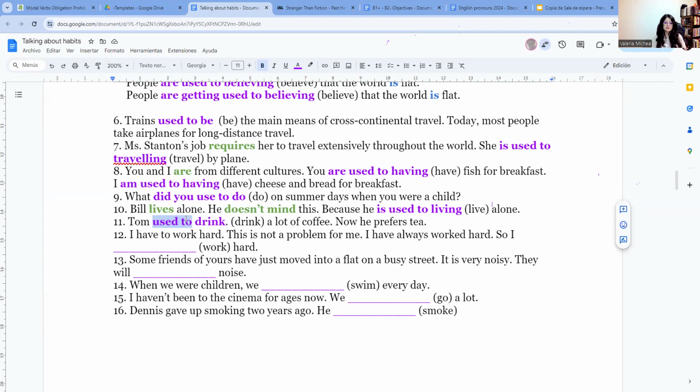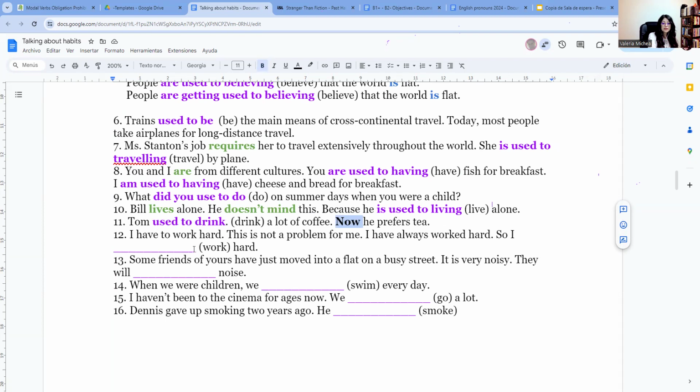It requires base form. So Tom used to drink a lot of coffee, but now in the present, he prefers tea. So we are making a contrast between the past and the present. Whenever you have words like today, nowadays, currently, now, right now, etc., it's because you are making a contrast between a past habit and what happens in the present.